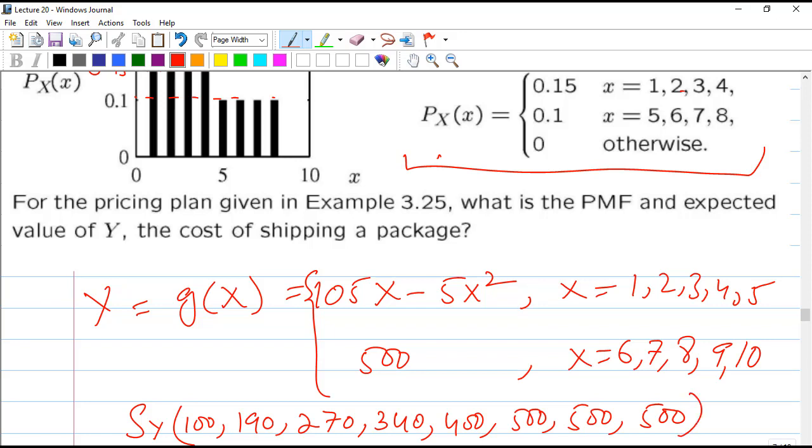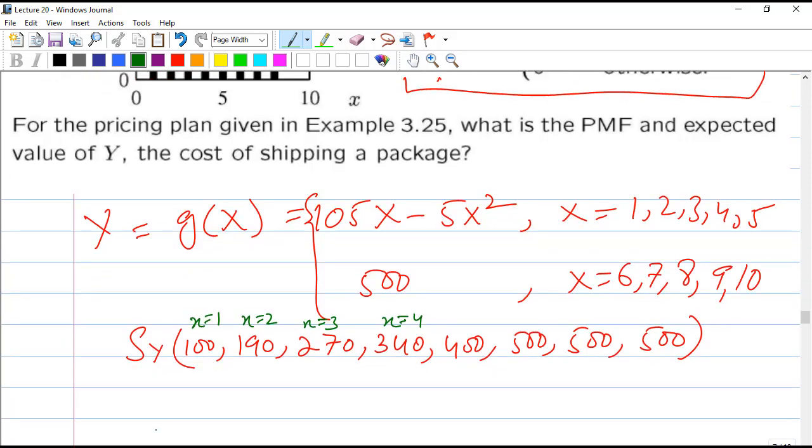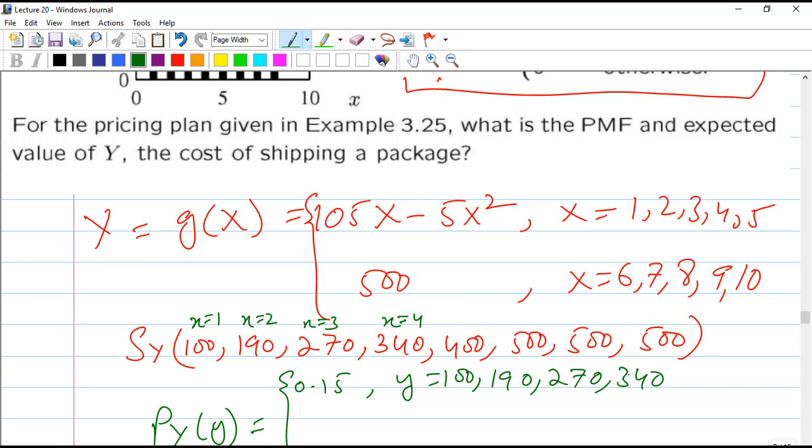Now if we look here, x equal to 1, x equal to 2, x equal to 3, x equal to 4. For these values the probability is this, and they have distinct values. So what would py of y be then? It would be simply 0.15 for y equal to 100, 190, 270, 340.